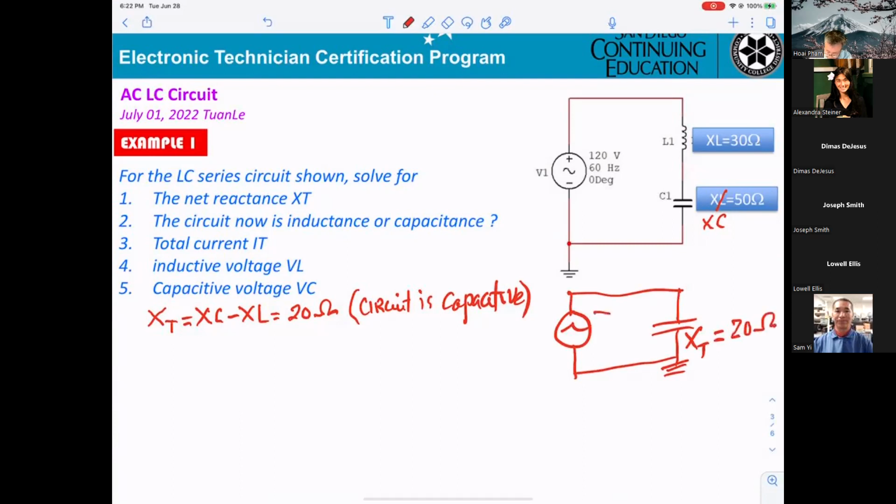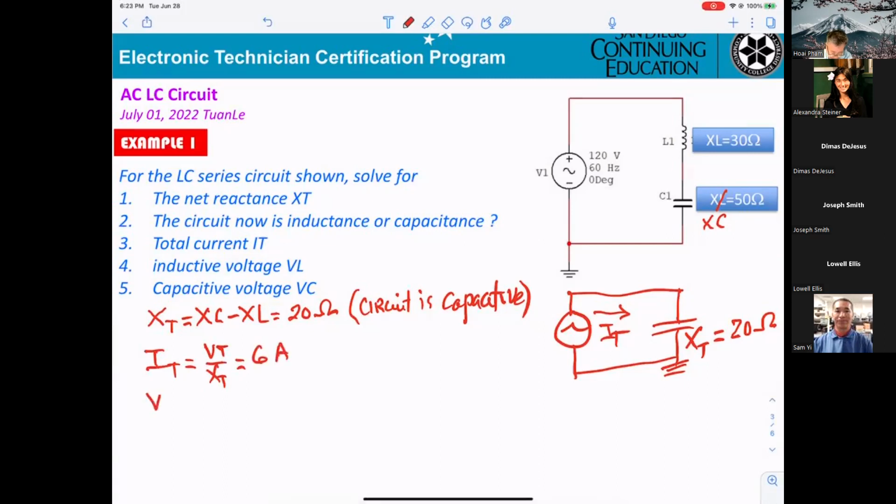And now you can calculate the current I total. V total divided by XT. 120 divided by 20, you get 6 amp.